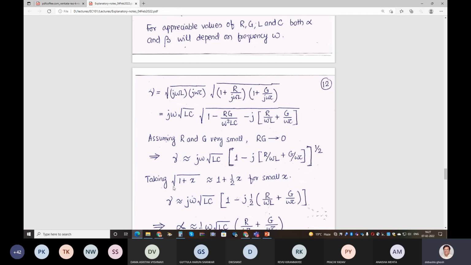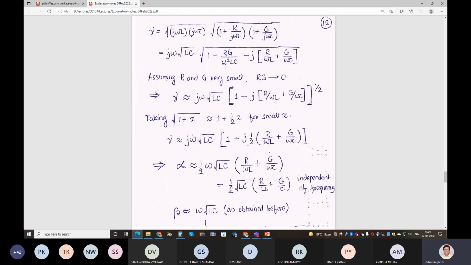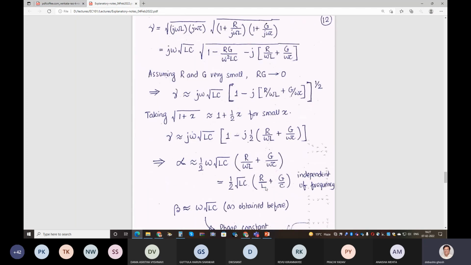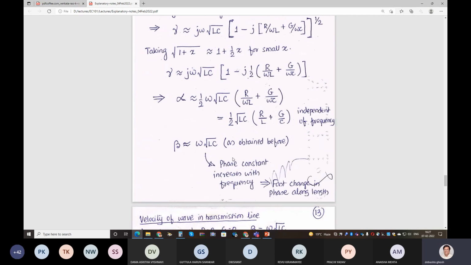Then this is the Taylor series expansion. I am taking that root over 1 plus x is approximately equal to 1 plus half x. If we take that, then your alpha will come out to be something like this, and beta will come out to be something like this.